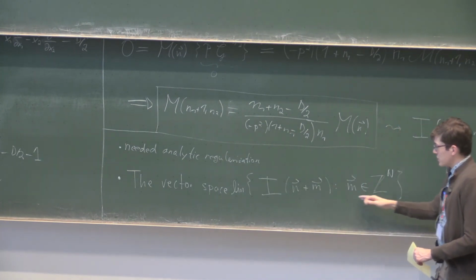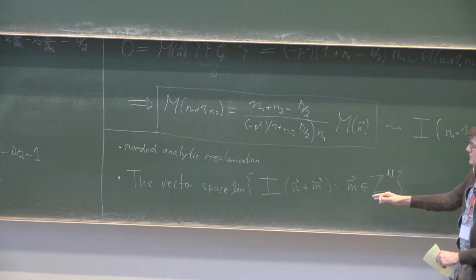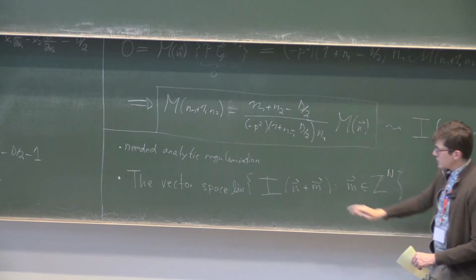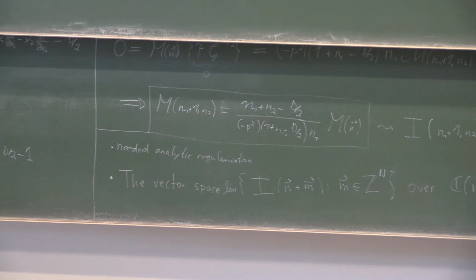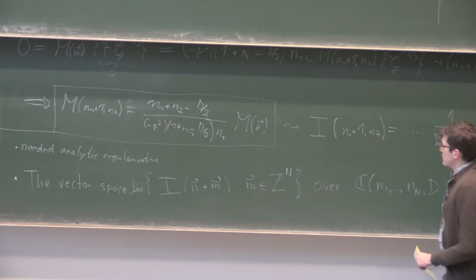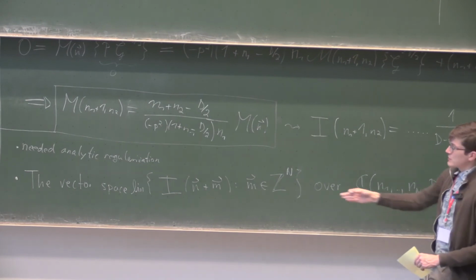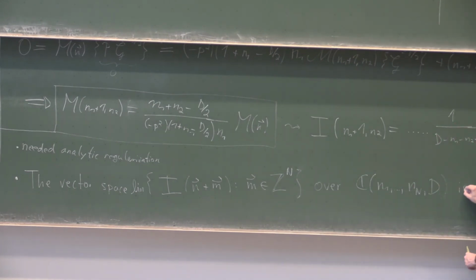So when you look at all of the shifts of all of the Feynman integrals, so you start with the Feynman integral, you do all integer shifts, then this is a linear space over the field of rational functions. When you look at rational functions in the n's and the dimension as your coefficient ring, then this vector space is a finite dimensional vector space.